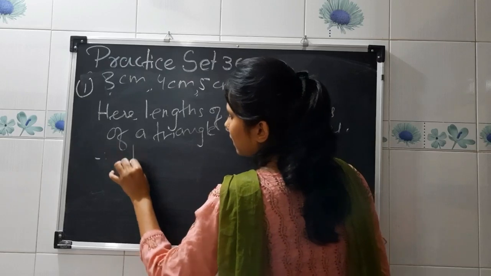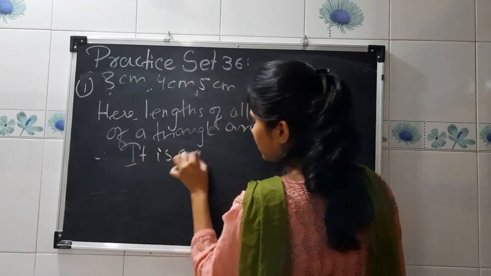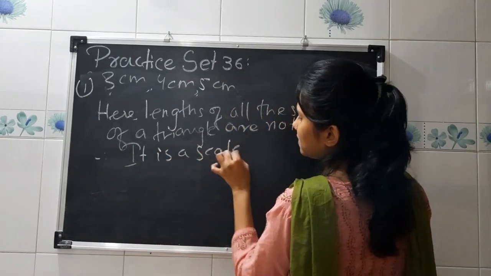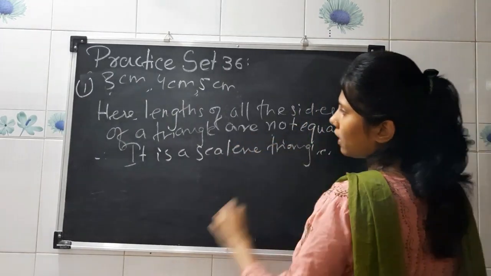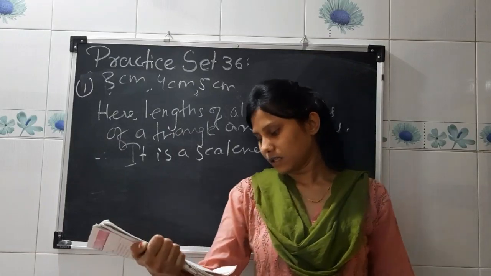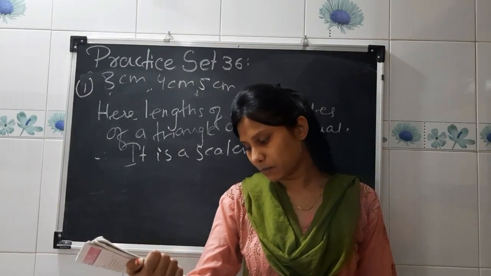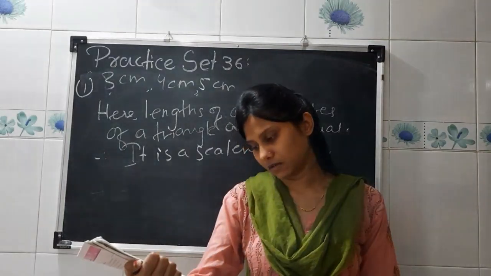Therefore, it is a scalene triangle. Next, 3.4 centimeter, 3.4 centimeter and 5 centimeter.